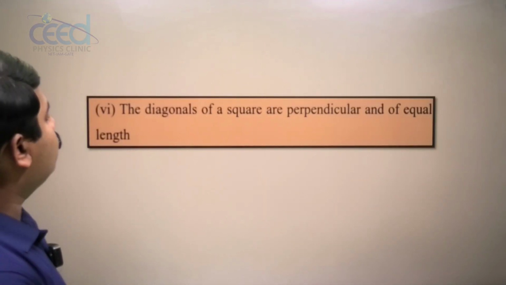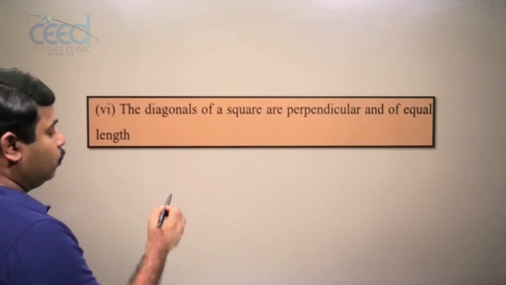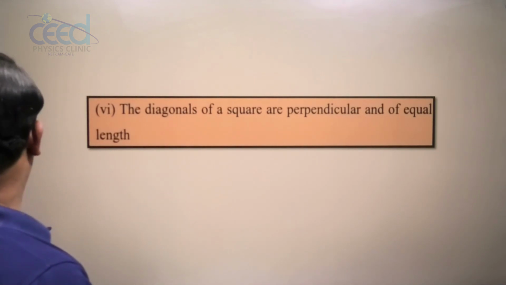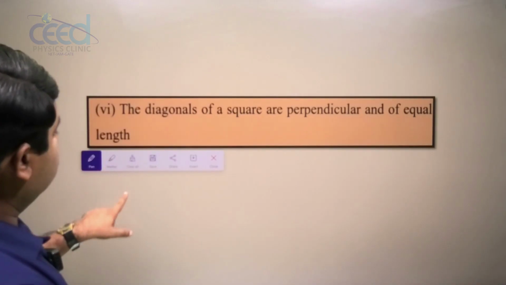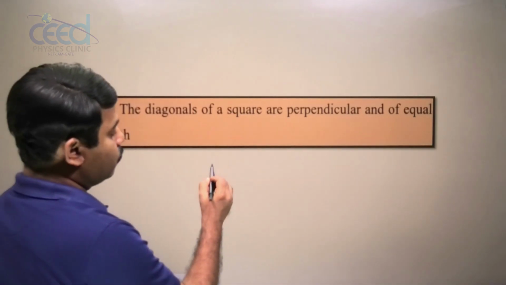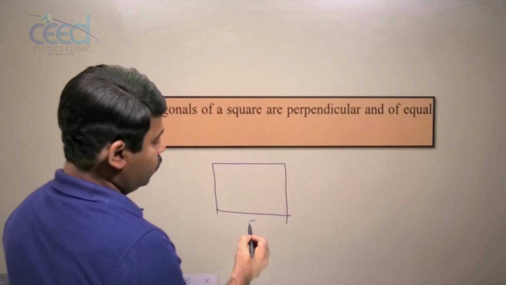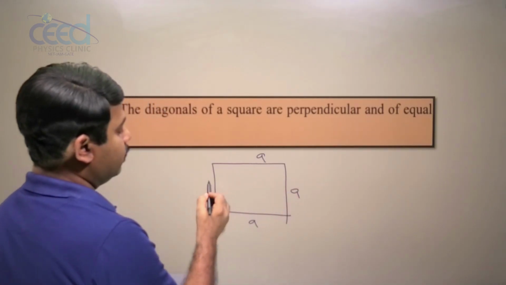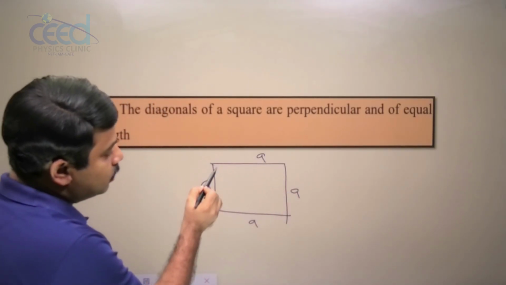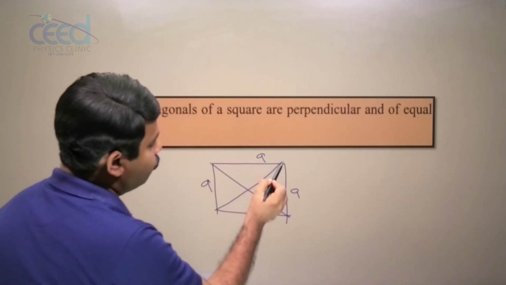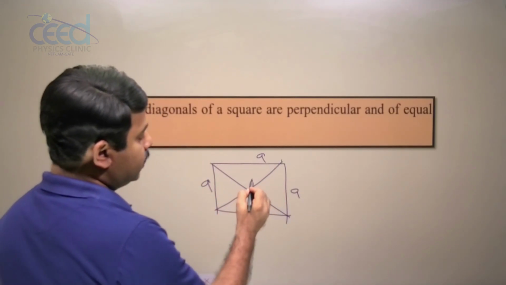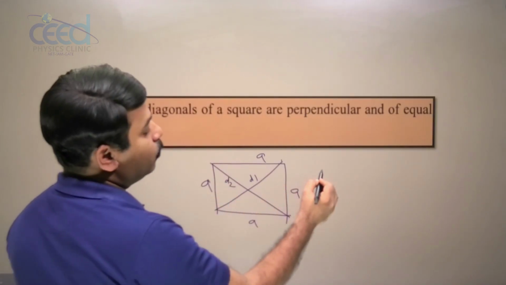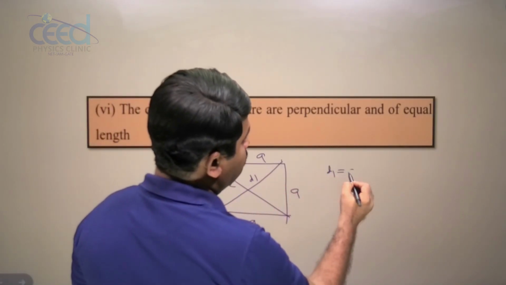And now, another property. Suppose you draw a square. So, let me take a pen. See, if you consider a square, all the sides are A. Now, these diagonals, this is D1, this is D2, both the diagonals are equal.